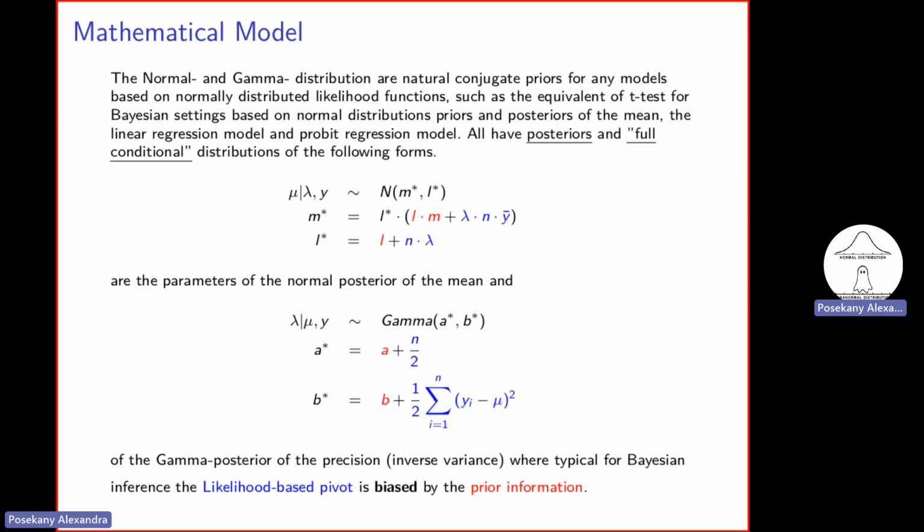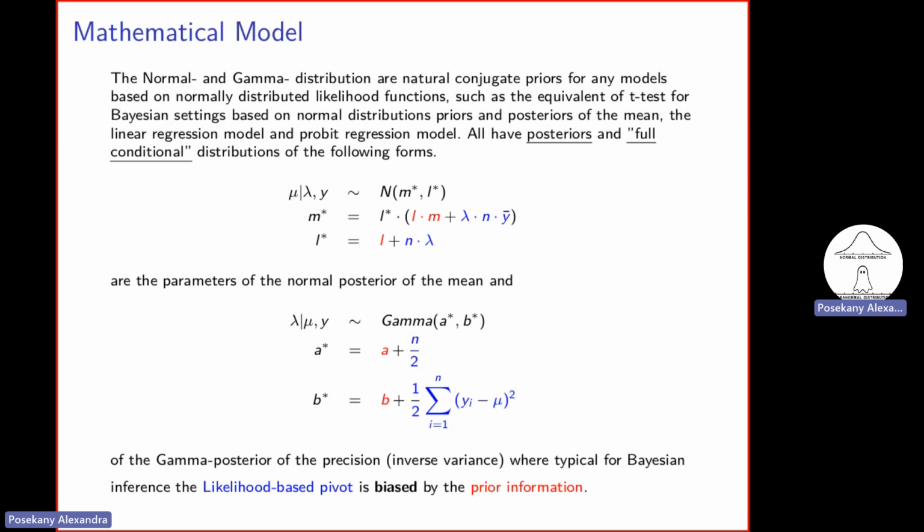How to learn about these things? Doing this simultaneously with a so-called normal gamma prior would require that we now would use a bivariate distribution. Bivariate is, of course, a lot more complicated than doing something univariate. And therefore, the thing which usually happens is, instead of looking at the two-dimensional posterior distribution for mu and lambda simultaneously, to look at the marginals or full conditional distributions.